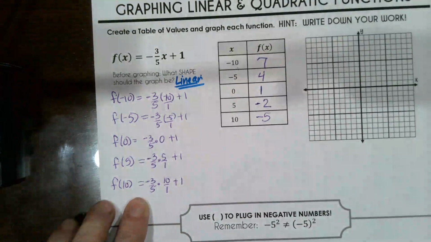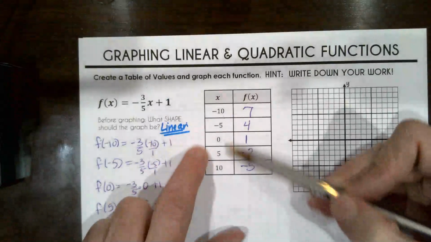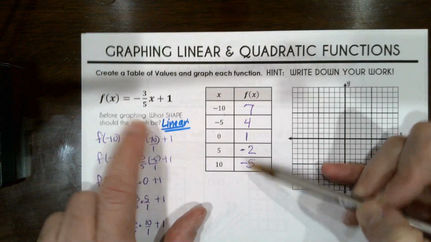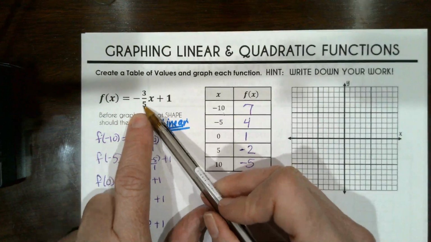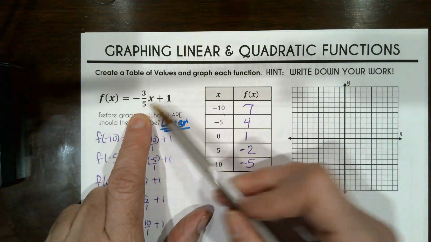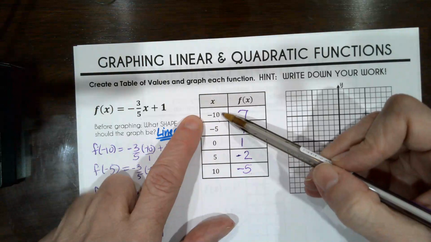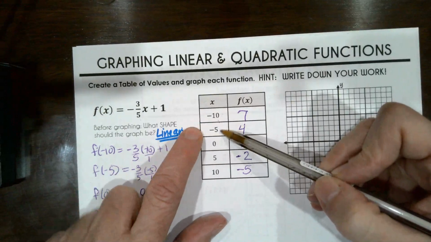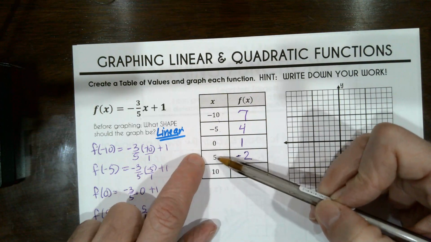Now, I'm going to show you a little trick here. We know that the table should give us the same pattern based upon the coefficient of the x. So the slope of our line is going to be negative 3 over 5. Notice my x values that I chose from negative 10 to negative 5, I'm going up in the positive 5 direction, plus 5, plus 5, plus 5.